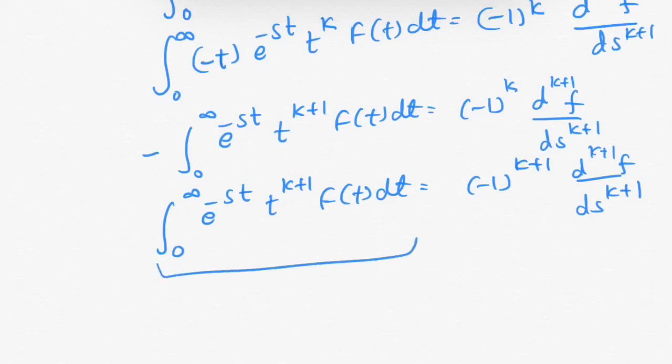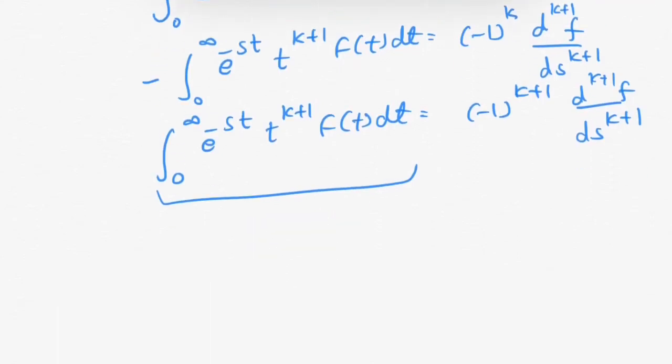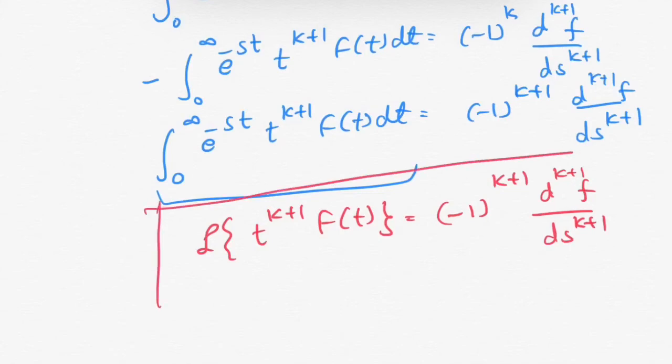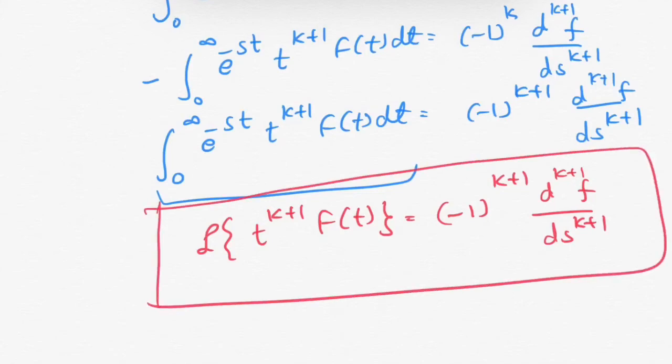And this is the Laplace transform of t^(k+1) f(t). So the Laplace transform of t^(k+1) f(t) equals (-1)^(k+1) d^(k+1) F/ds^(k+1). So this formula is true for n equals k+1 also. Hence, by the principle of mathematical induction, this formula is true for all natural numbers.